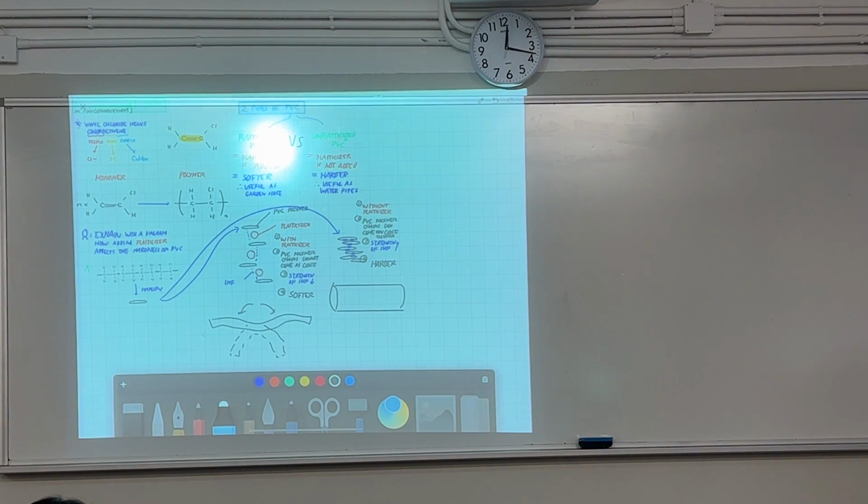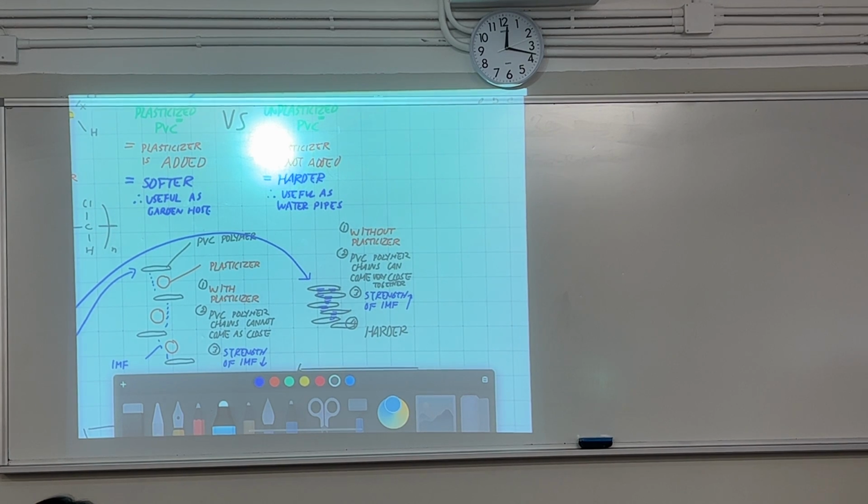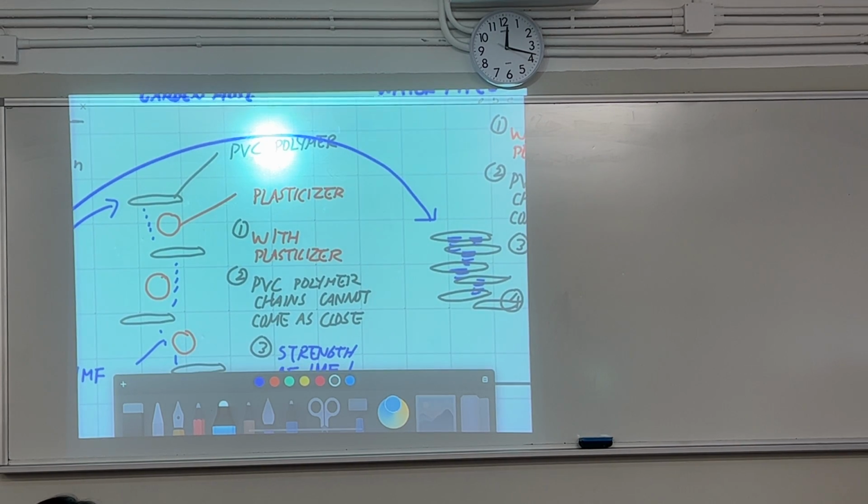Sir, how are plasticizers added? Oh, how are plasticizers added? Actually, plasticizers are added to many things, including the bottles for bottle feeding babies in the past. And researchers have found that these plasticizers will disrupt your hormonal balance.